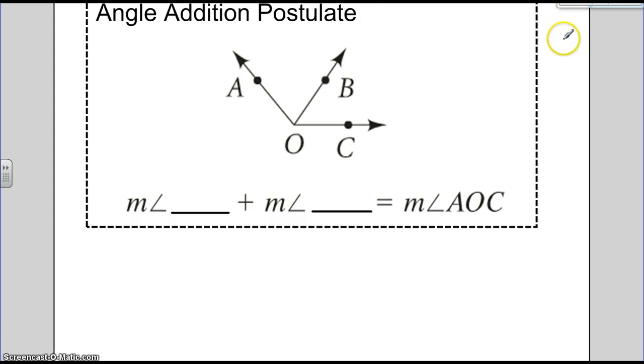So the angle addition postulate says that in order to get from A to O to C, I have to add this angle right here, we'll call A to O to B, and B to O to C. That gives me the whole thing, which is A to O to C.